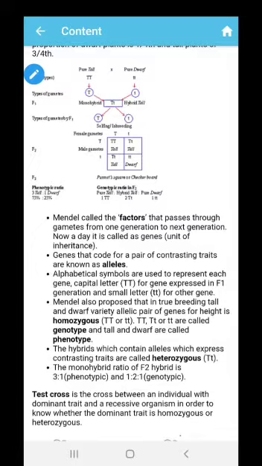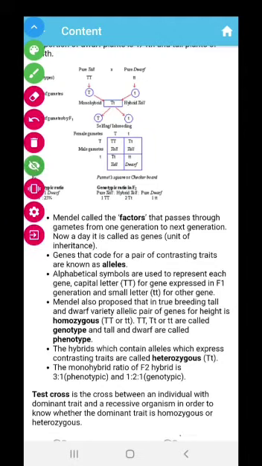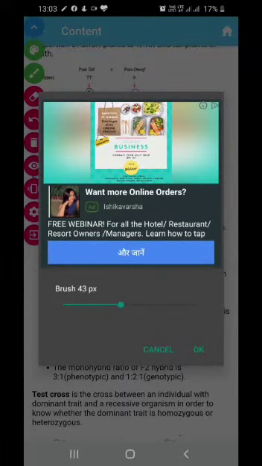Every gene has two alleles. This is a point to notice: every gene contains two alleles.